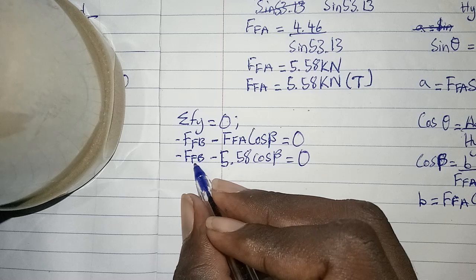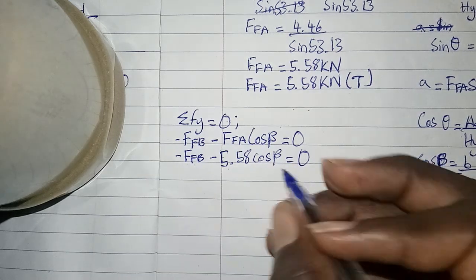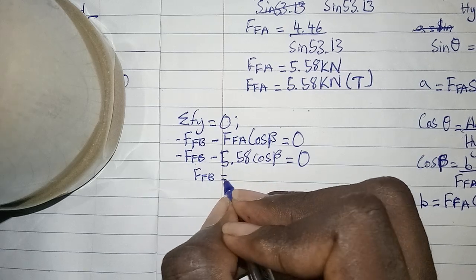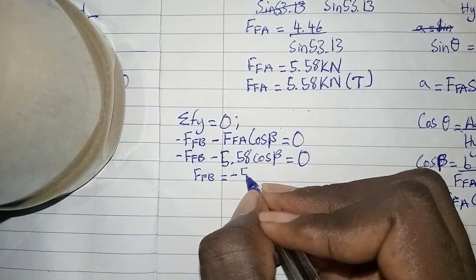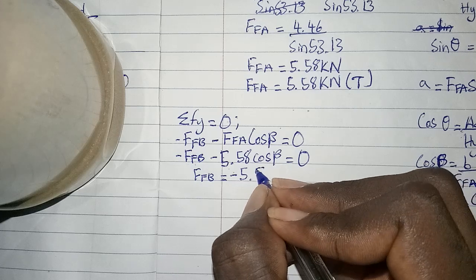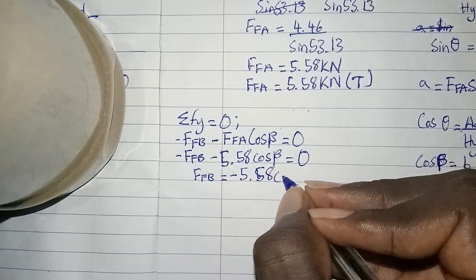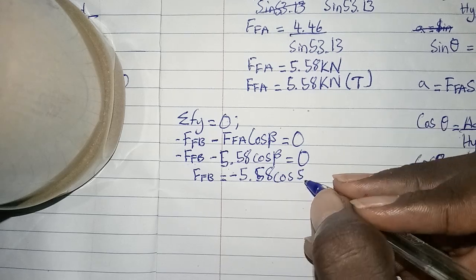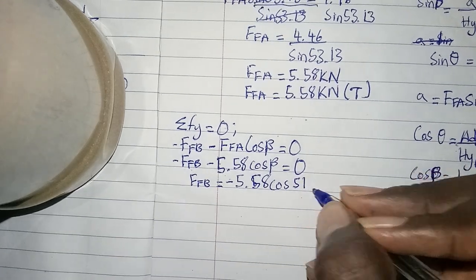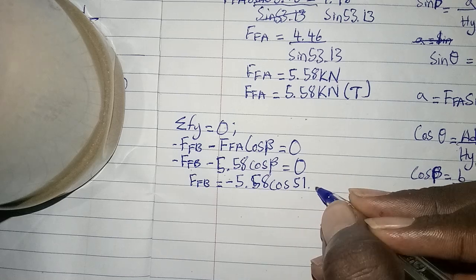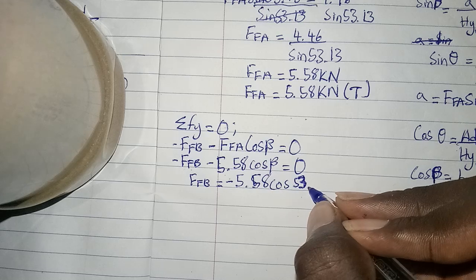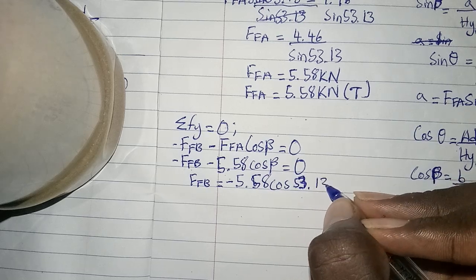Moving this across the equal sign, force FB is equal to 5.58 cos beta, where beta is 53.13.